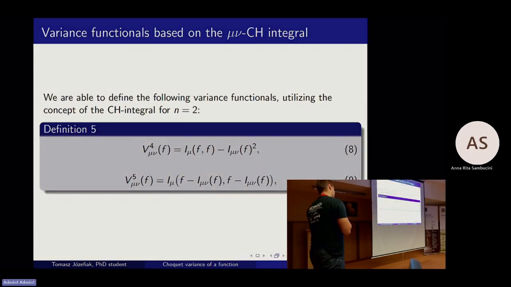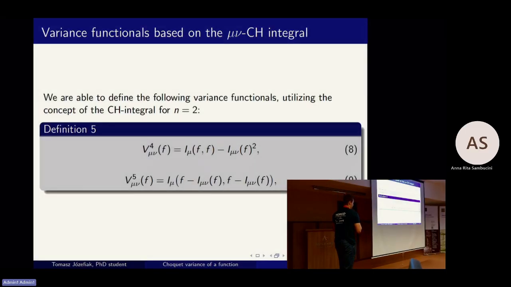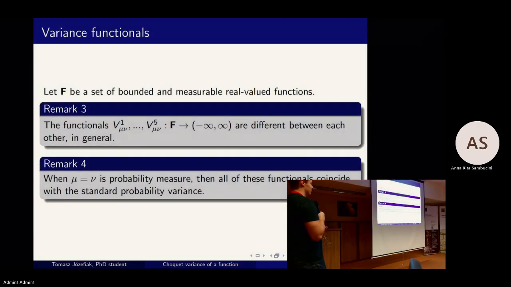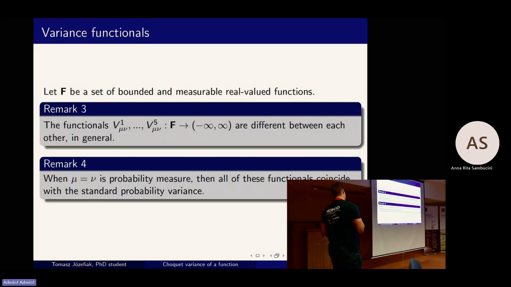Okay, now we have some definitions of the variance, but what do we do with them, and why would it be helpful? Remark 3 says that all of them are different, which is why we introduced a few of them, not only one.